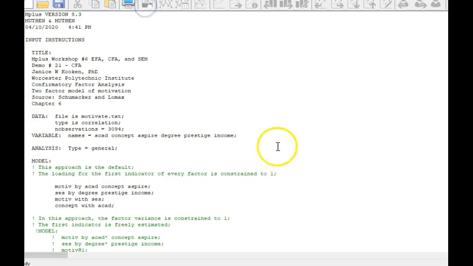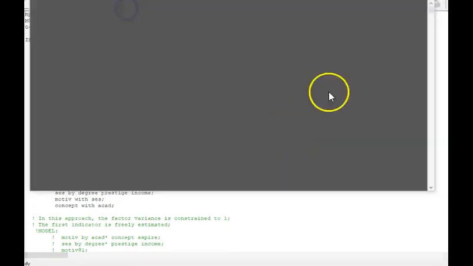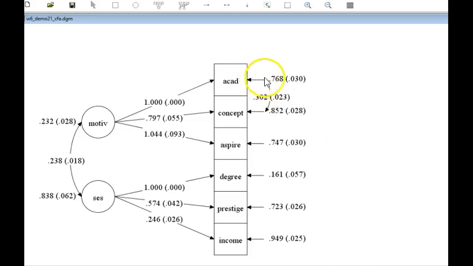Let's run that. And I am going to once again look at the diagram, and you can see what has happened. These two error variances are now allowed to correlate. And it does change some of the other factor loadings. So this factor loading is actually going up above 1. At some point, you might want to just refer to standardized factor loadings.